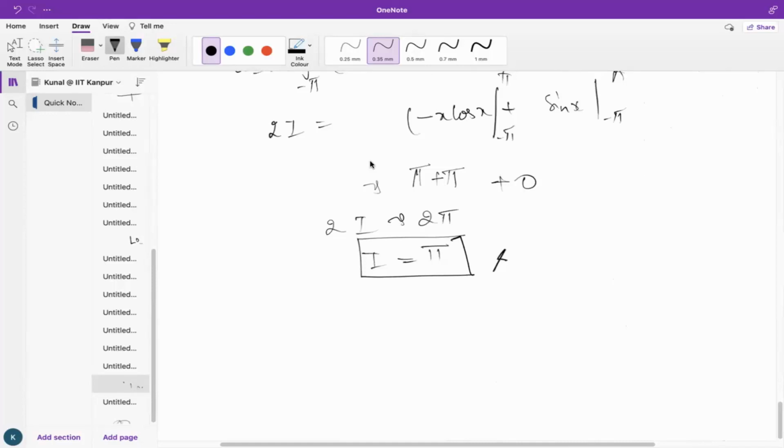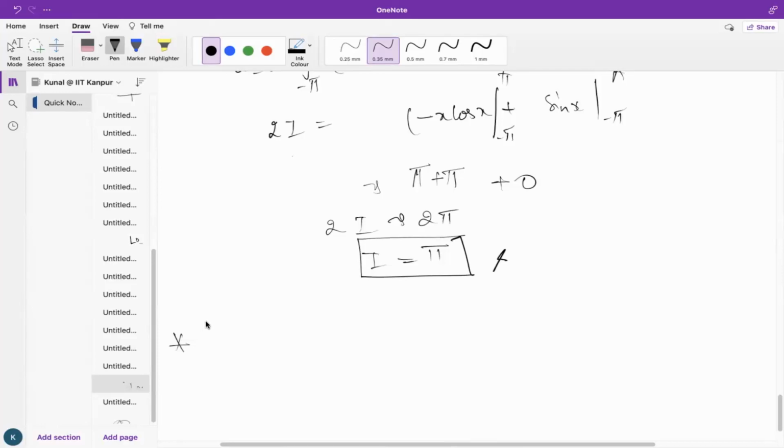Now let's move on to the standard example, which is ln 1 plus tan x. This is actually one of the most important questions of today's class. So let's move on to the next problem, where I show you how to implement the King's rule, right?